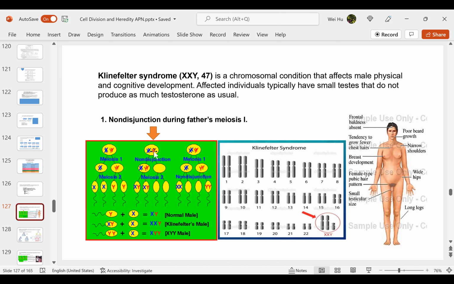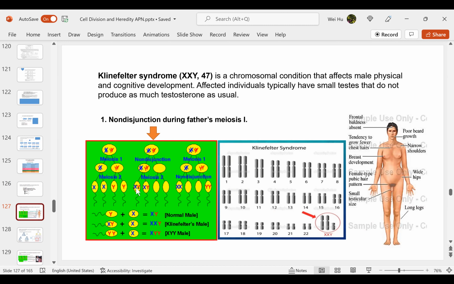Your body cells start with XY and are doing meiosis 1. You can see X and Y move to one cell. They didn't separate, so the other cell has no sex chromosomes.